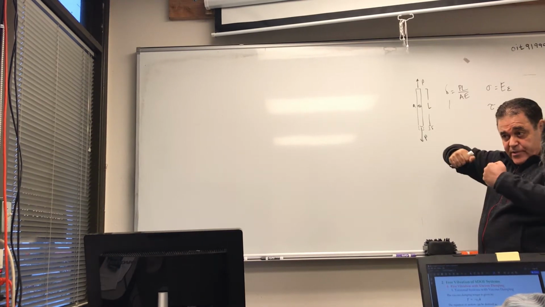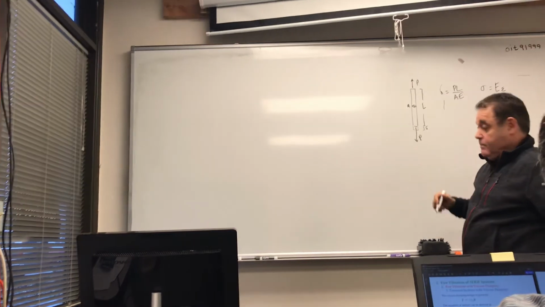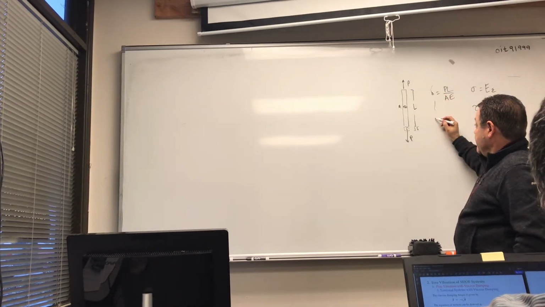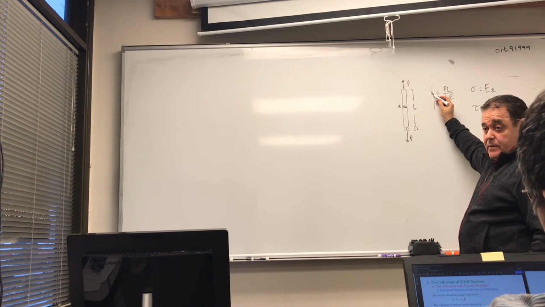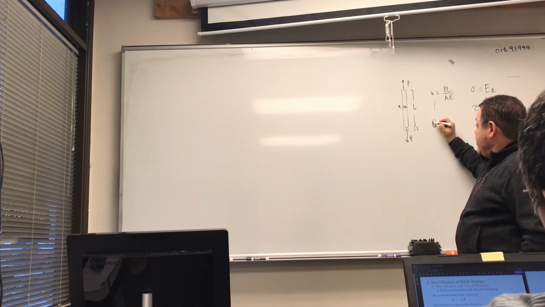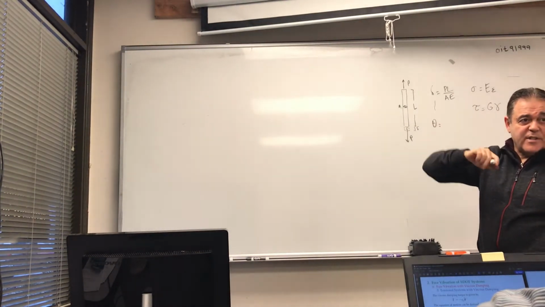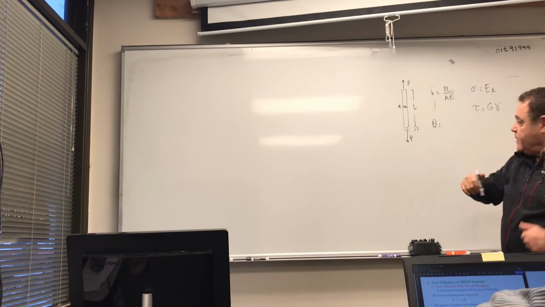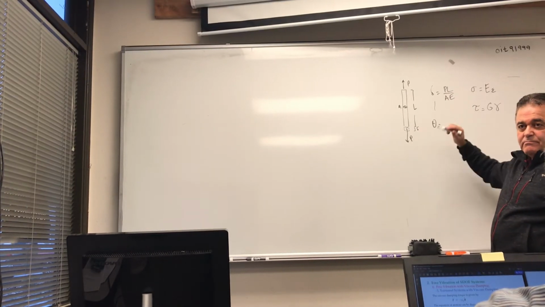For elongation, it's going to be delta, a displacement. If it's a bar in torsion, you use an angle, theta, for rotation instead of x. So instead of load P, what causes it?